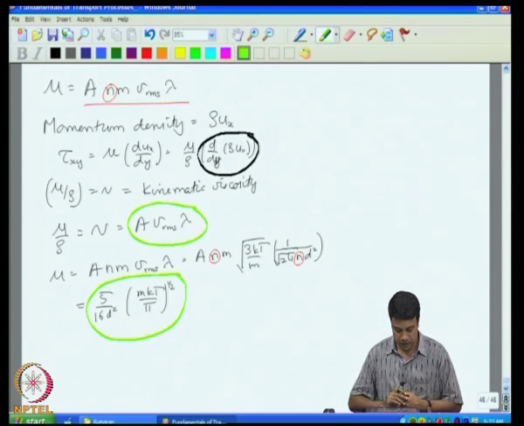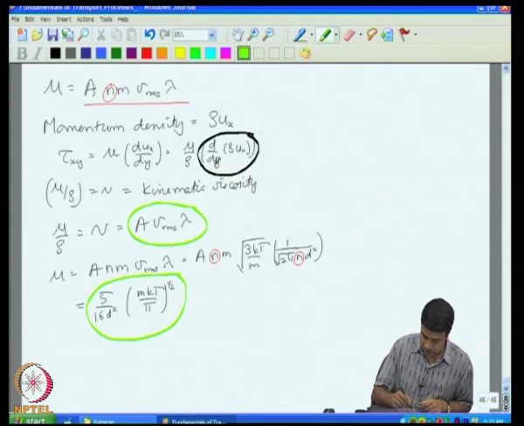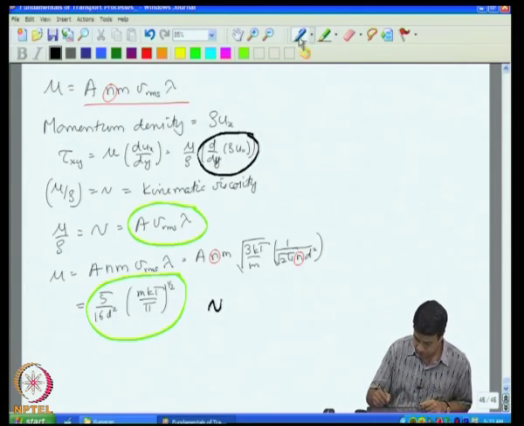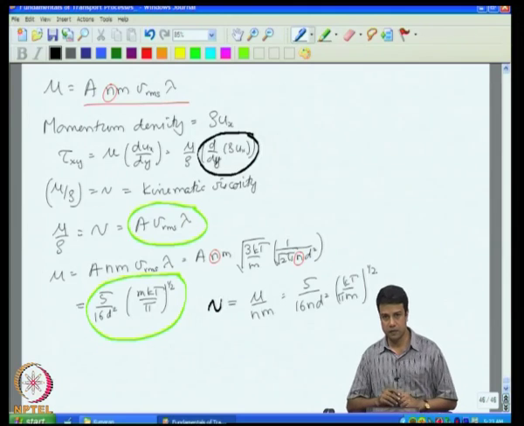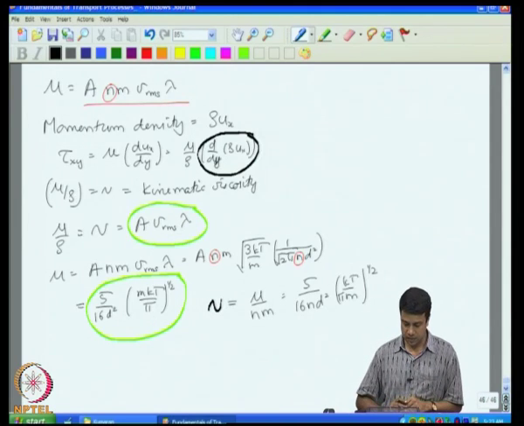Therefore, the kinematic viscosity will be equal to mu by n times m, which will be equal to 5 by 16 n d squared, into (kT by m pi) to the power half. So, that is the kinematic viscosity.